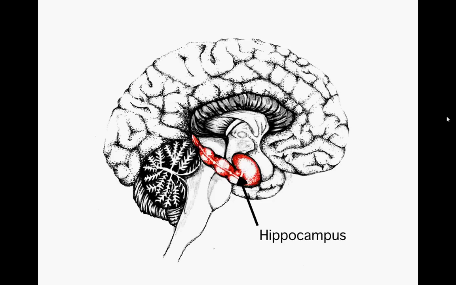This researcher, Hebb, proposed that short-term memories are gradually consolidated, strengthened into long-term memories. Several animal studies of hippocampal damage suggest that the hippocampus may be necessary for this memory consolidation, for moving short-term memories into long-term memories.